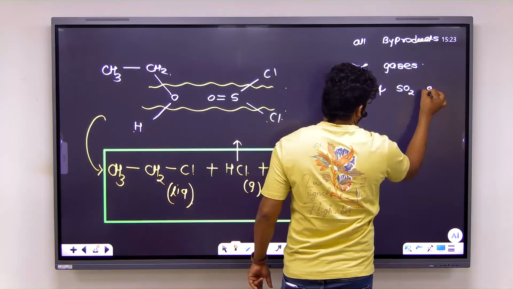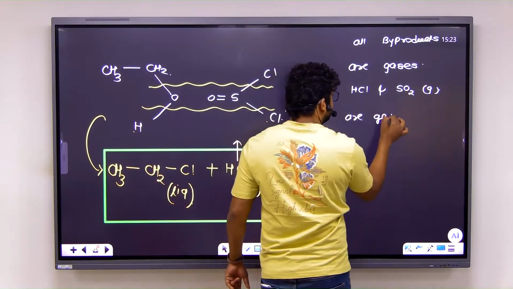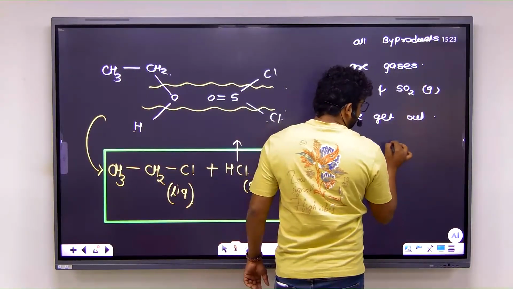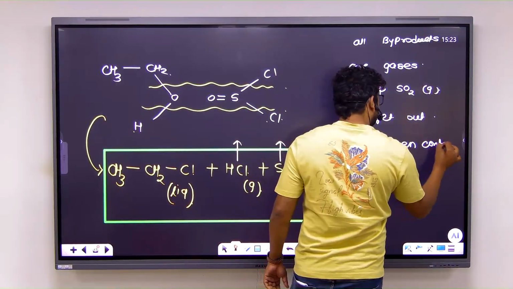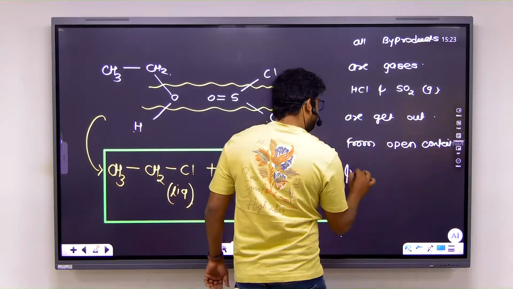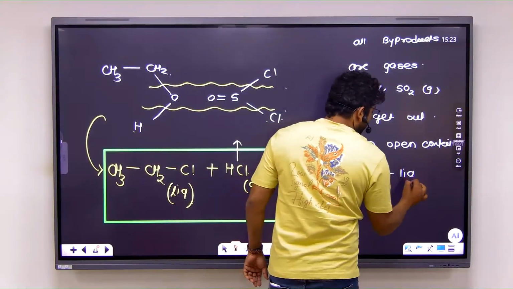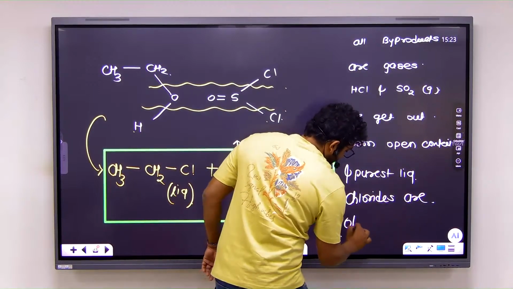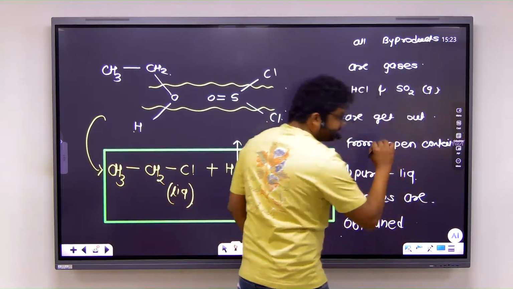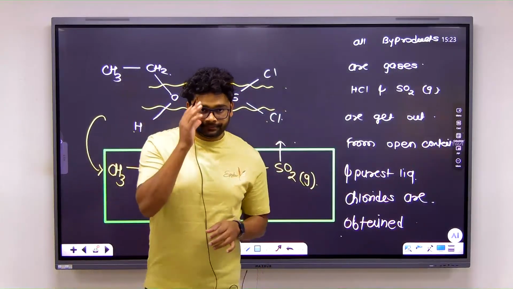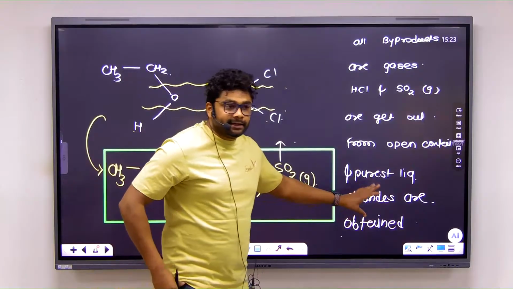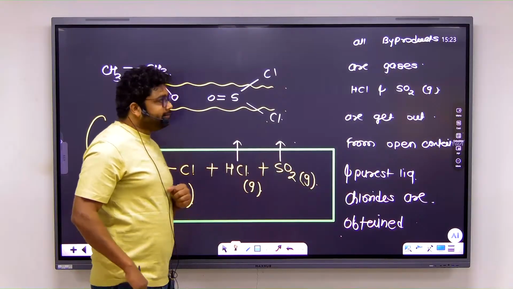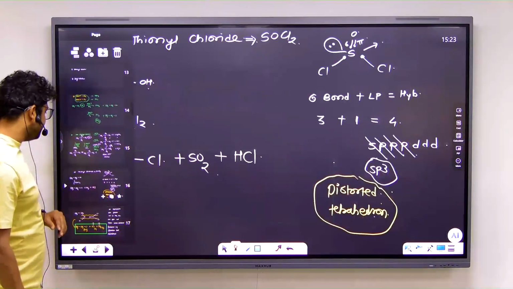SO2, like that, get out from an open container, and purest liquid chlorides are obtained. भाई हे खूप इझी झालंय आता. काय माहितीये की इथे लिक्विड क्लोराइड्स जे आहेत ते तुम्हाला तयार होताना दिसतील प्युरेस्ट फॉर्म मध्ये, कारण हे बाकीचे लोक काय आहे? गॅसेस. हा खूप फेमस क्वेश्चन आहे एक्झाम मध्ये, खूप बऱ्याचदा परीक्षेमध्ये आहे.